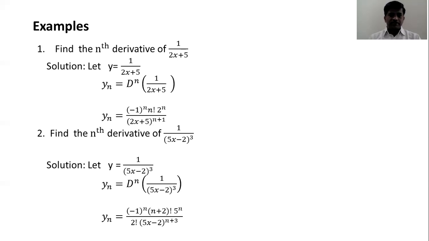Now we have to substitute the a, b and m values in the general formula. Minus 1 whole to the power of n, m plus n minus 1 factorial, a power n, 5 power n, divided by m minus 1 factorial, which is 3 minus 1, 2 factorial, 5x minus 2 power m plus n, that is n plus 3.